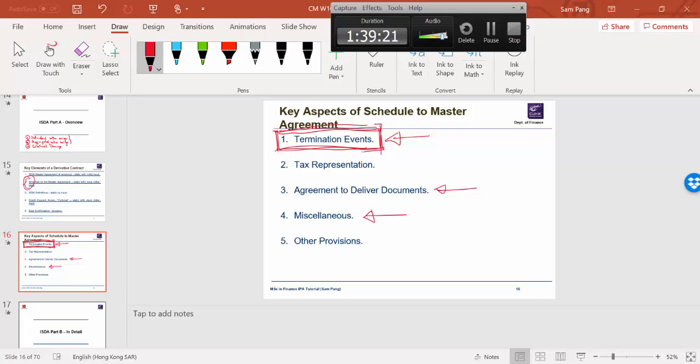Default can even mean when you are supposed to deliver documents to somebody else and you are not doing so. So as long as you offend that guy, and when you negotiate with me, cross default. That's what cross means, cross default. So you default on them, you default on me. Then I would consider that you have defaulted.